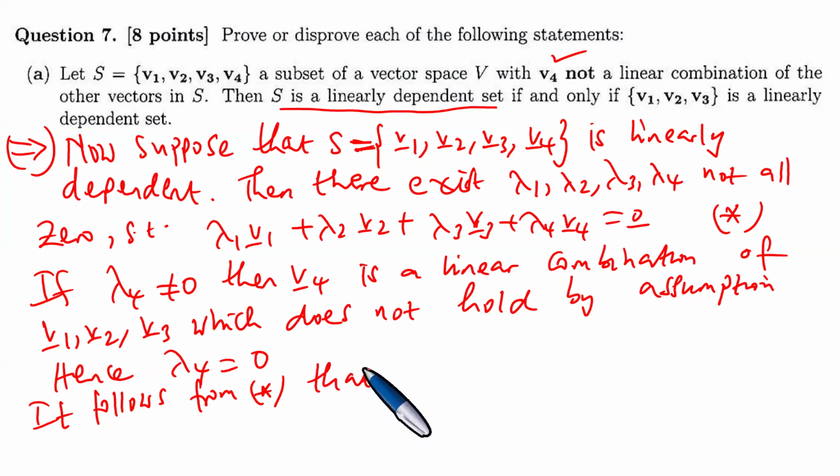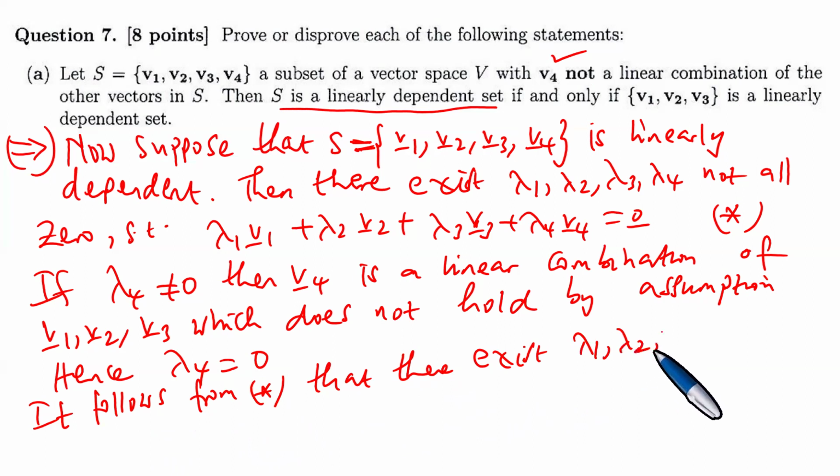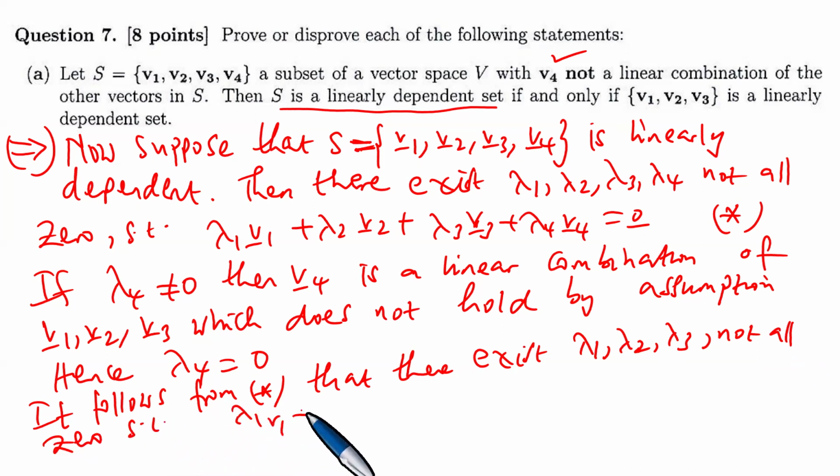It follows from star that there exist lambda 1, lambda 2, lambda 3, not all 0, such that lambda 1 V1, lambda 2 V2, lambda 3 V3 is equal to 0.